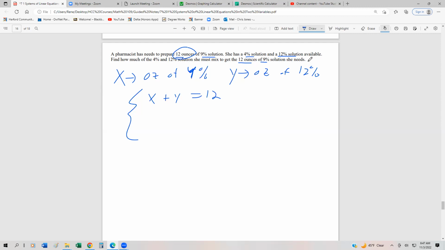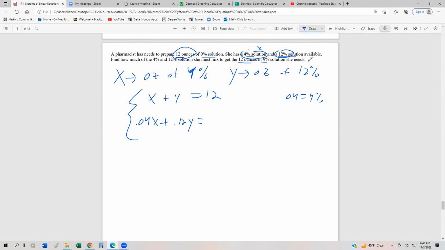For the other equation, we're going to have 4% of x. So we have a 4% solution that's x. So 0.04, remember, is 4%. 12% of y, so 0.12y.